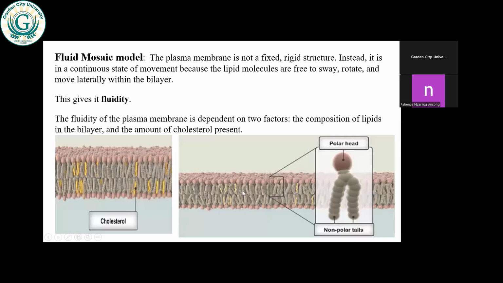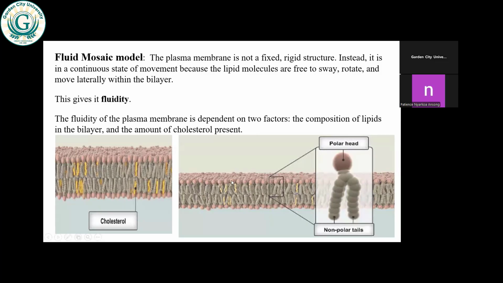In between these phospholipid molecules are pores, or small holes or spaces. Some molecules, because of their very small size, are smaller than those pores, so they can easily pass into the cell or out of the cell. They can easily move to and fro because of their small size.